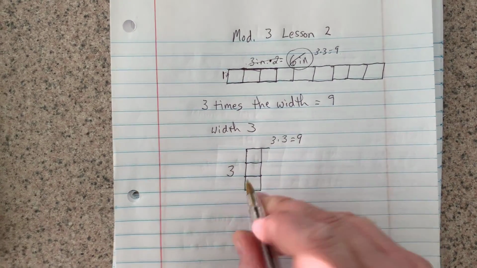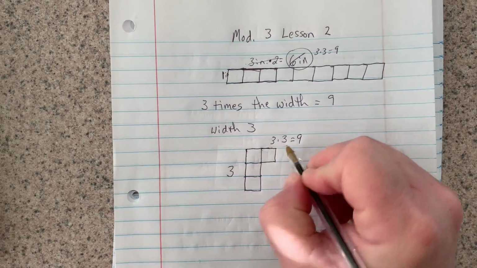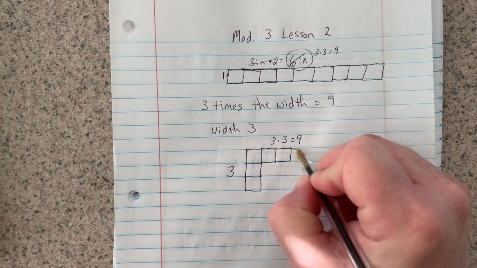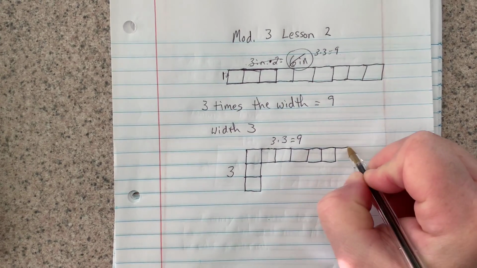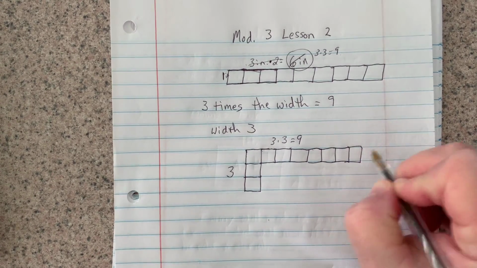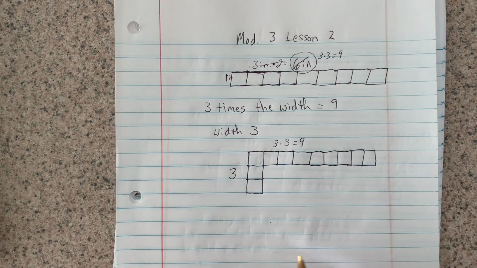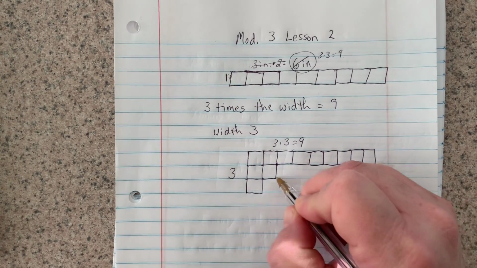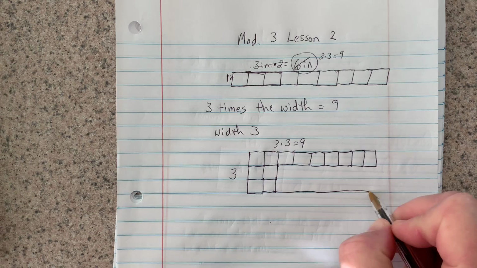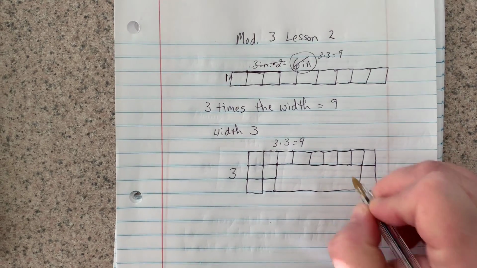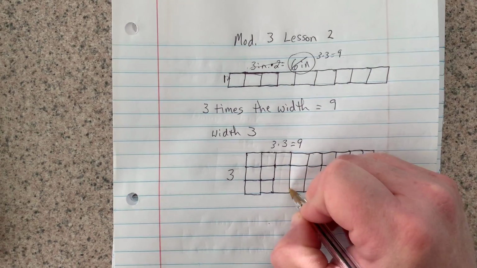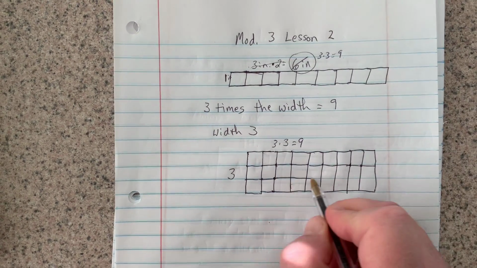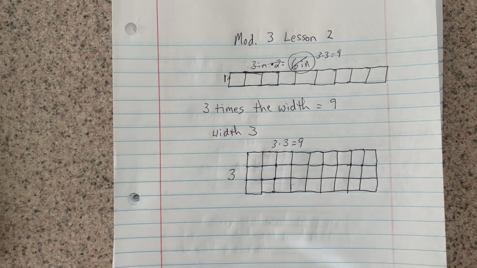So we have it 3 wide, and then we have it 9: 3, 4, 5, 6, 7, 8, 9, right? So then all these would be filled in as well, right? And you make this with tiles, or draw it out either way.